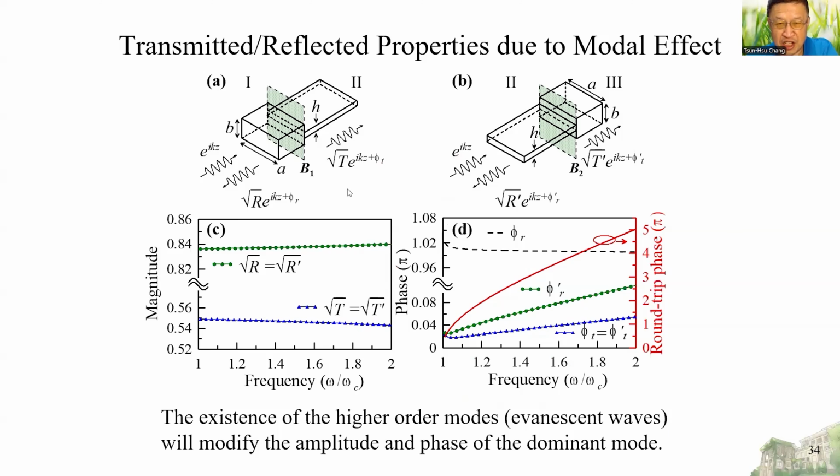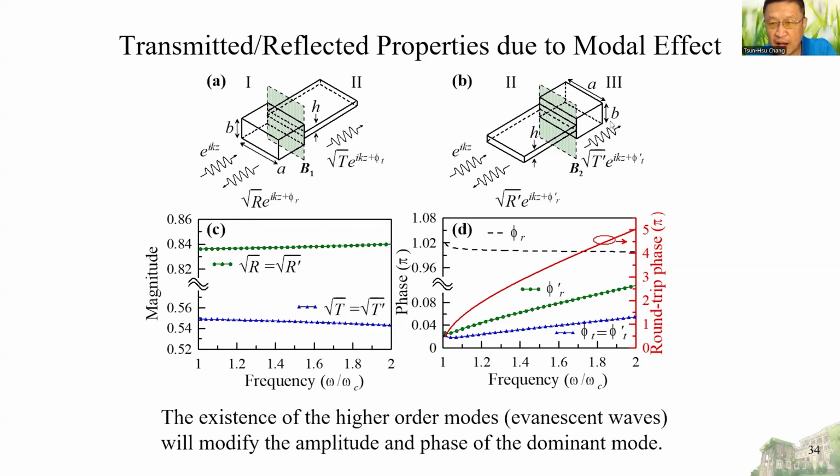How to analyze this effect? It can be decomposed into an incident wave, a reflected wave, and a transmitted wave with phase, and another section, sections 2 to 3, with incident wave, reflected wave, transmitted wave.